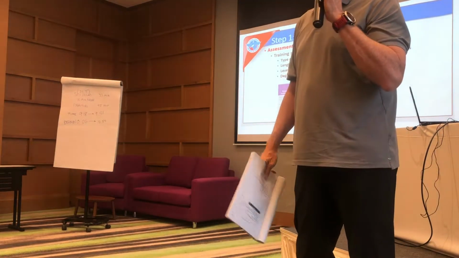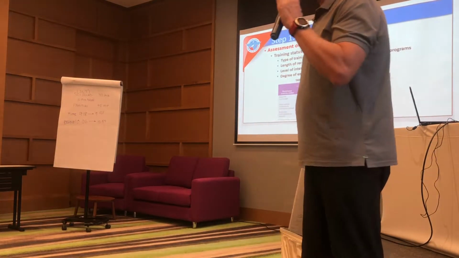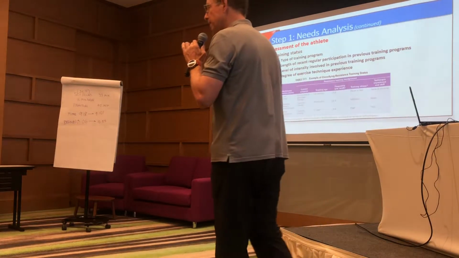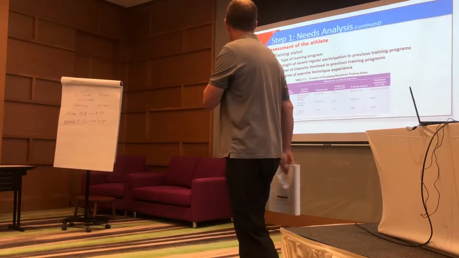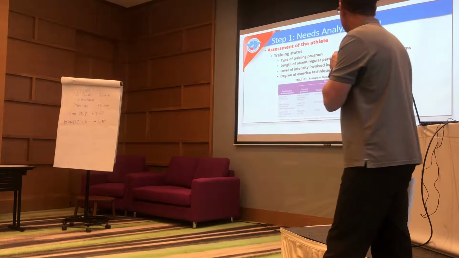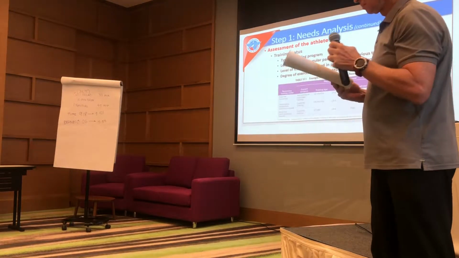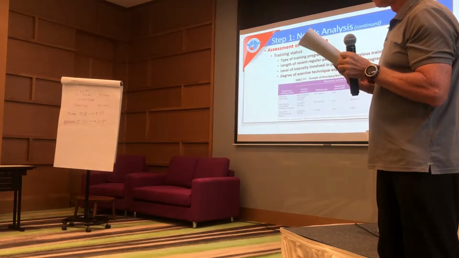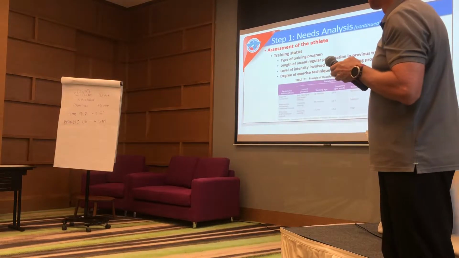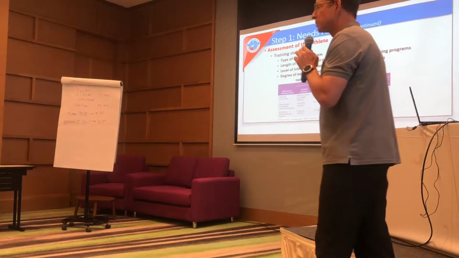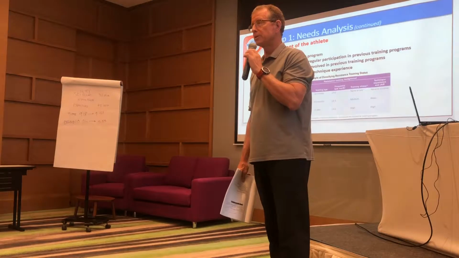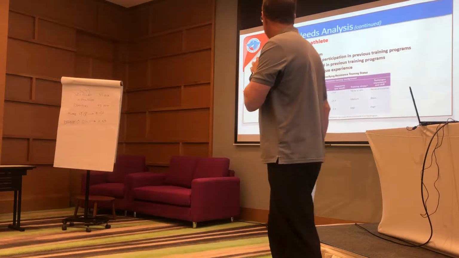After determining the needs of the individual sport, you want to see how your athlete fits into that sport. You want to determine his training status at the time that you begin intervening.